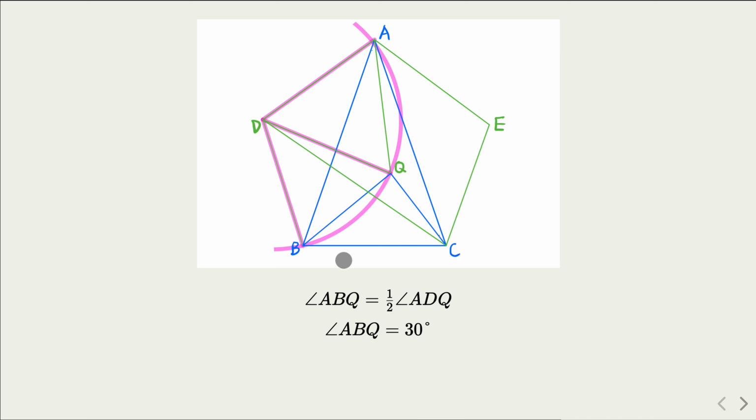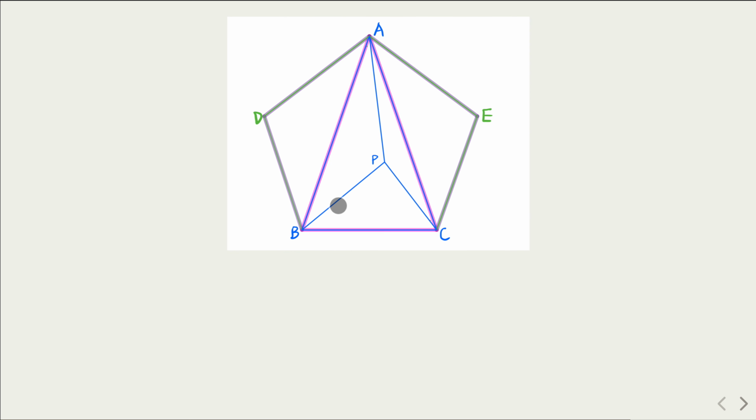In other words, for Q, we have a property that this angle is 30 degrees, this angle here is 18 degrees. We also know that because this is a regular triangle we constructed, AQ equals BC.